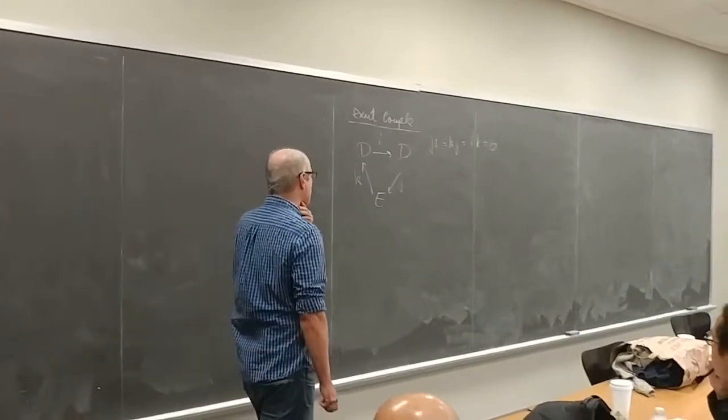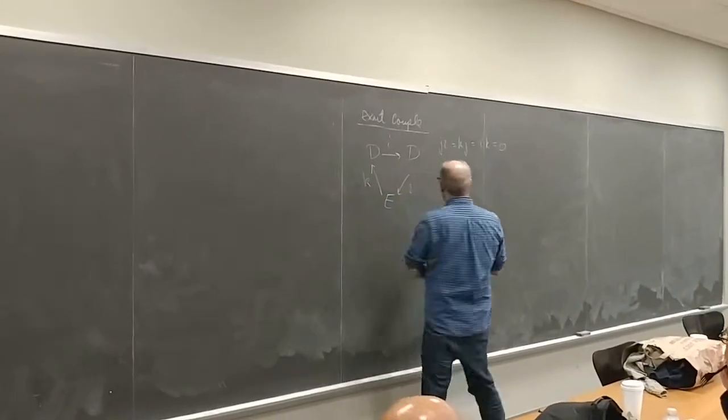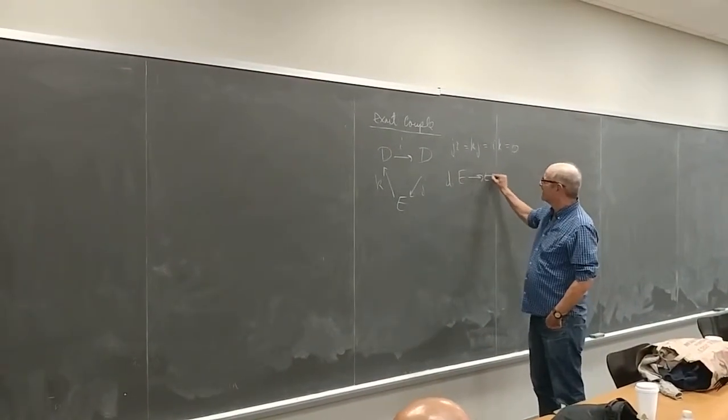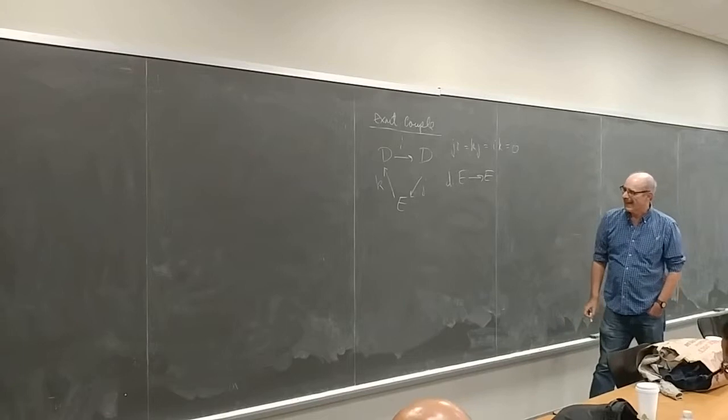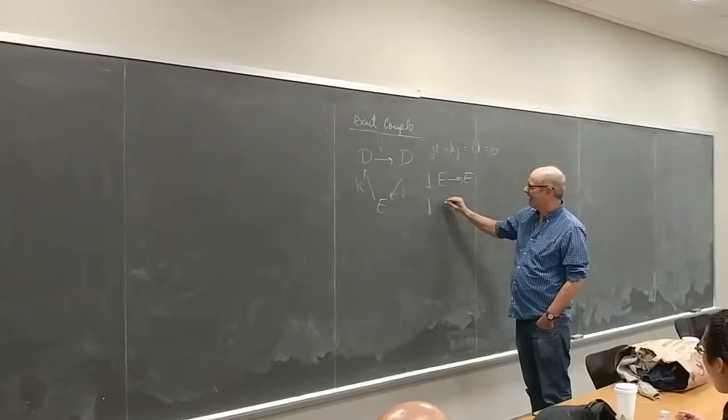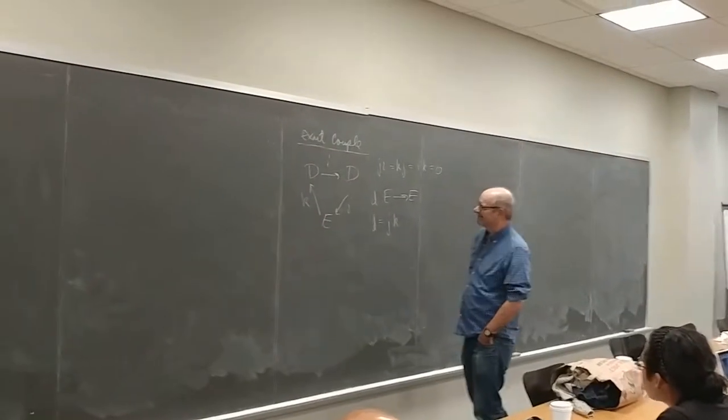Okay. So what we want to do is define a map from E to itself, and d is going to be defined by K followed by J. All right.